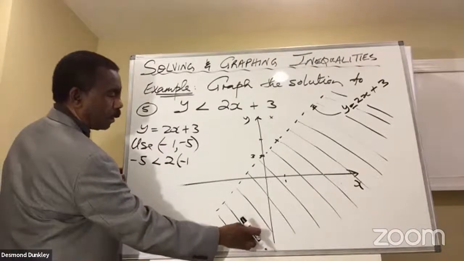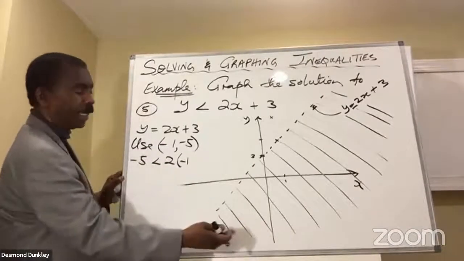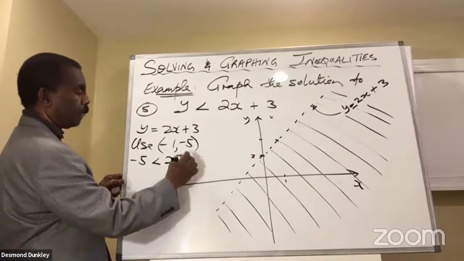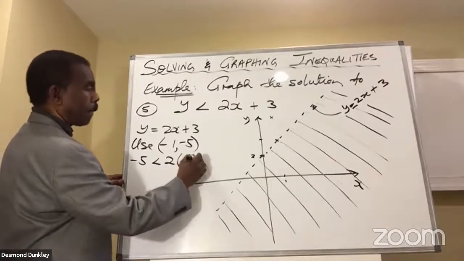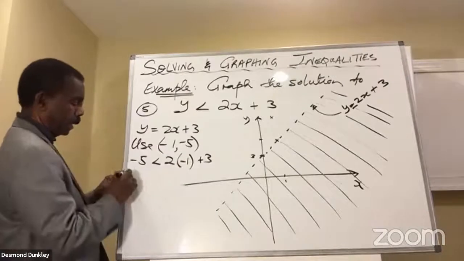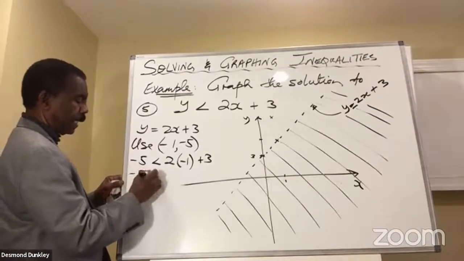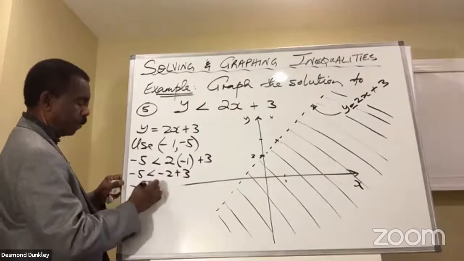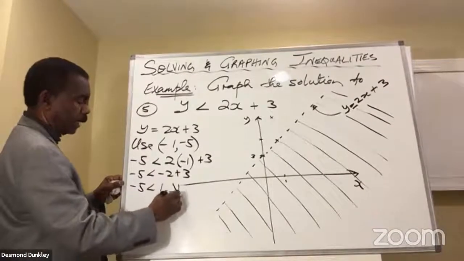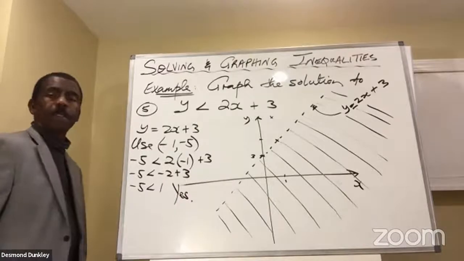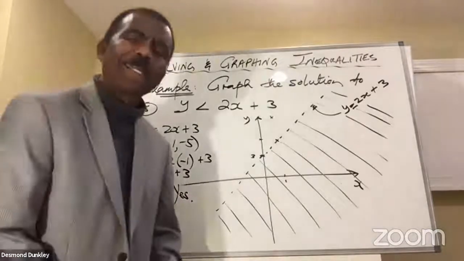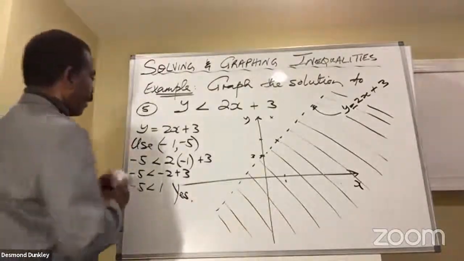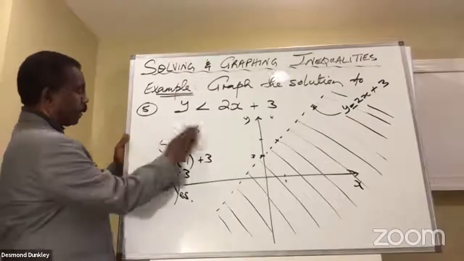This should work because I'm saying that that's in the shaded area. Is -5 less than -2 plus 3? Is -5 less than 1? The answer is yes. So you see it works. Let's try another one.